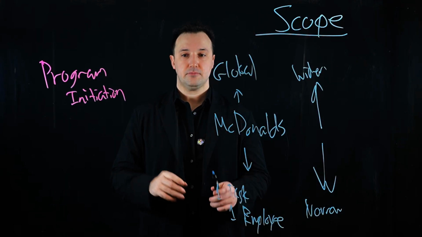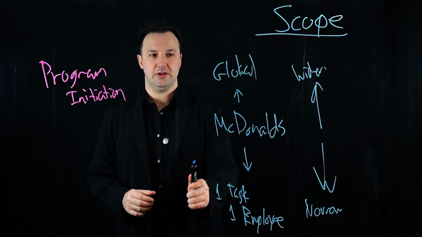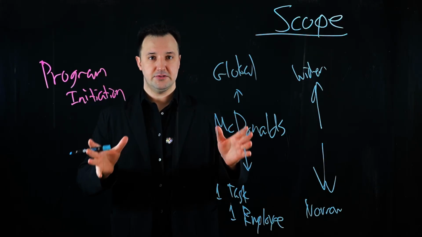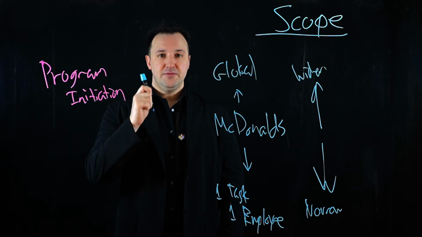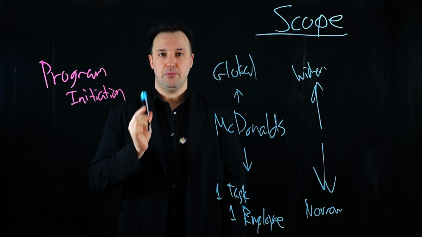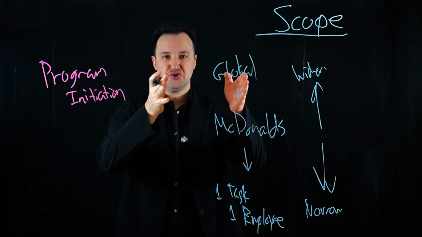So the broader we get in scope with McDonald's, the closer we're getting to looking at McDonald's Global. If we were to do an emergency plan, whatever, for McDonald's Global, the death of an individual employee would not even show up on our radar. It would be irrelevant in scope.